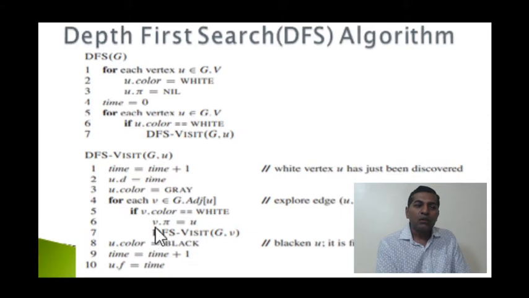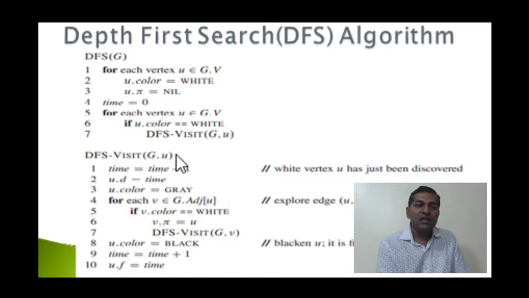So we assign the predecessor: V.predecessor of the adjacent vertex is U, because it is connected with U. Then DFS-VISIT(G, V). Since this V is white, undiscovered, we'll go and visit it. So this is a recursive function.